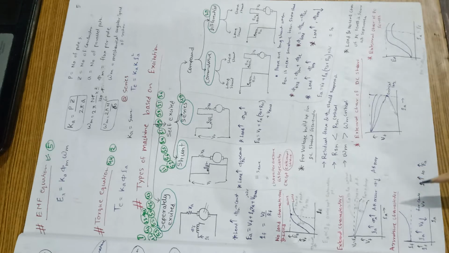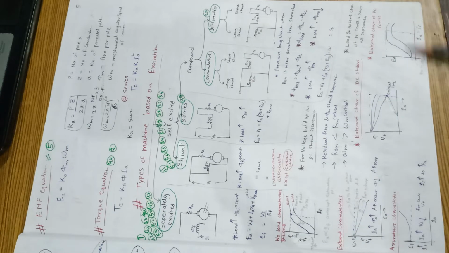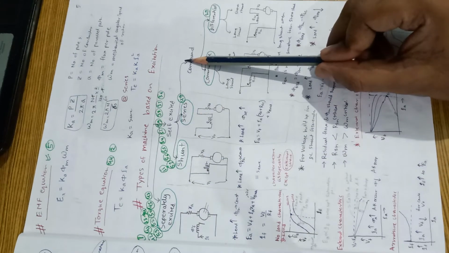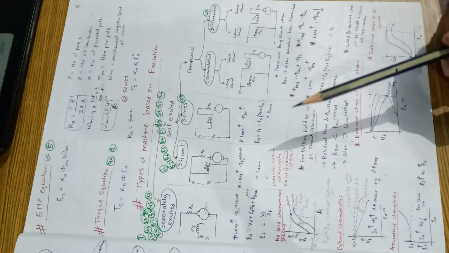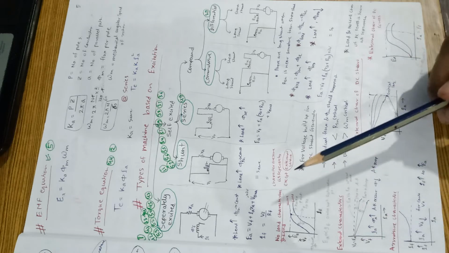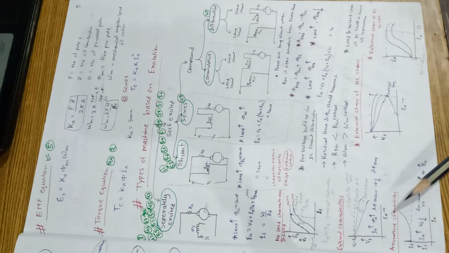One most important thing we need to keep in mind is that except for the external characteristic of these four types of machines, all characteristics are the same. All characteristics means no load and internal, that is, armature characteristic.